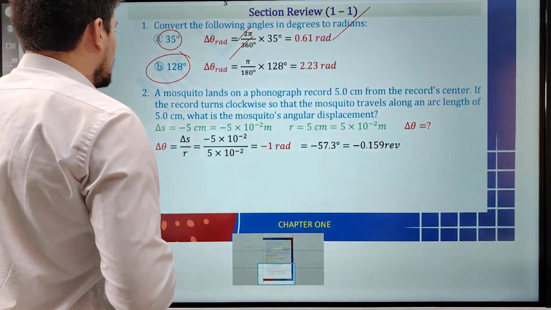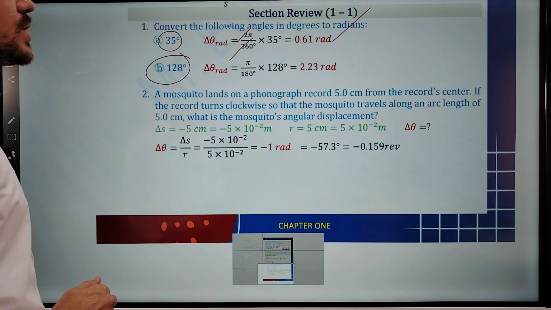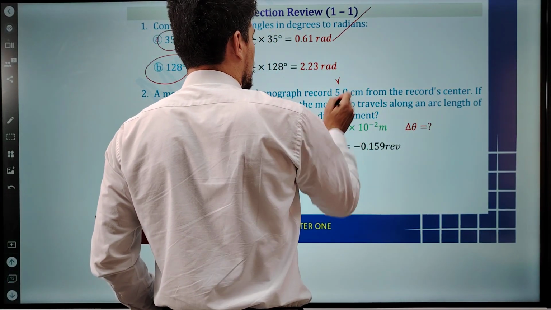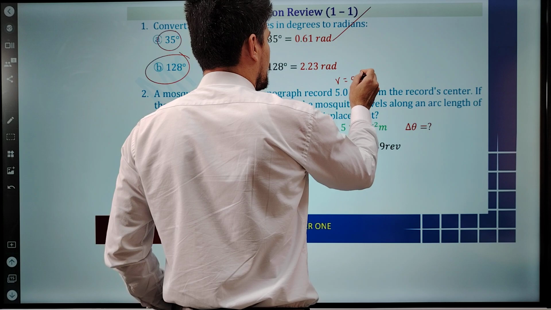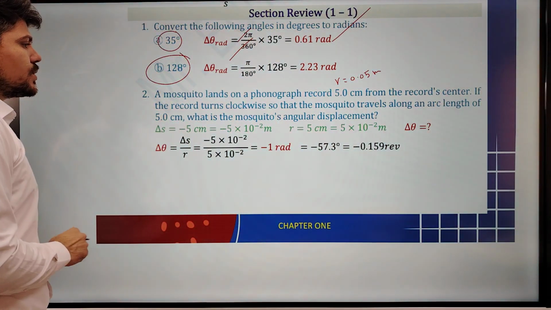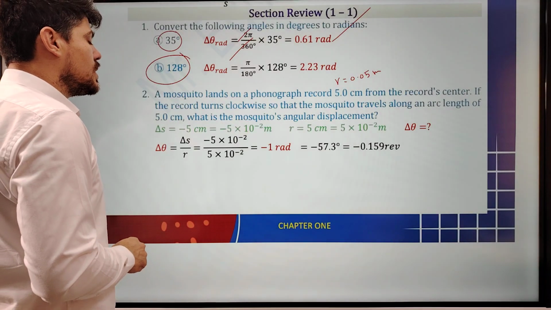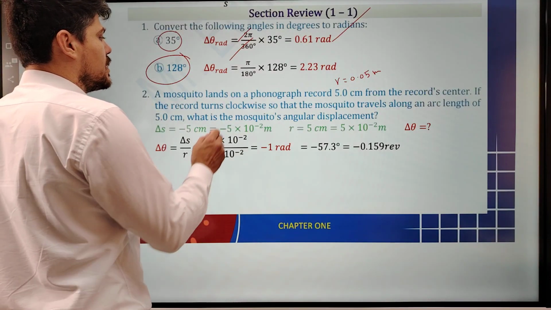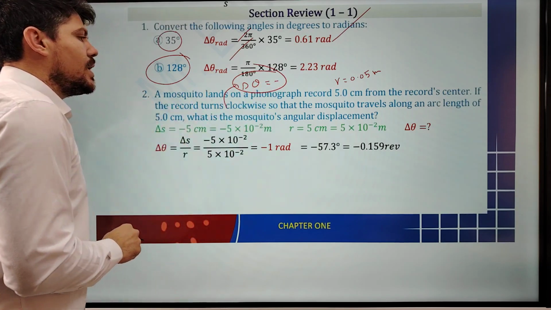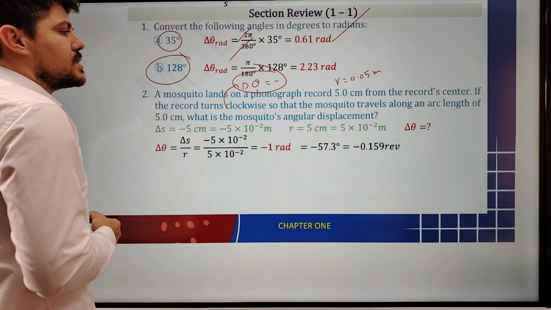A mosquito lands on a phonograph record 5 centimeters from the record's center. So this is R, which is equal to 0.05 meter. If the record turns clockwise, theta should be negative, because in the clockwise direction theta is negative.